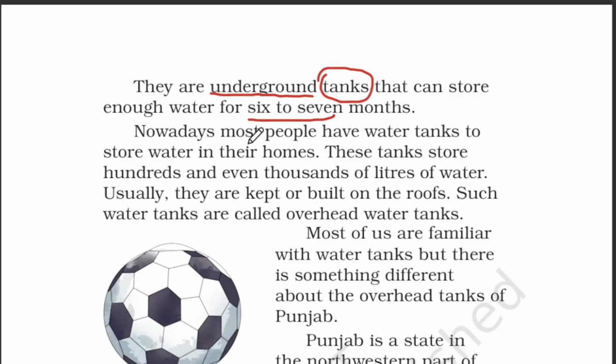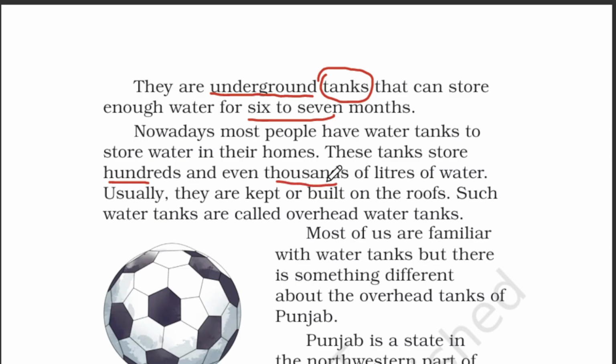Okay, so nowadays most people have water tanks to store water in their homes. Yes, nowadays we can see that every house has water tanks. These tanks store hundreds and even 1000 liters of water. So even hundreds and 1000 liters of water can be stored.